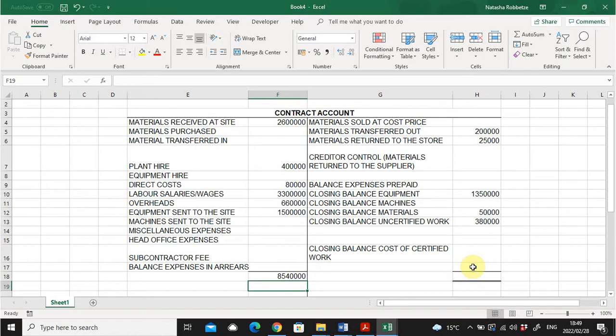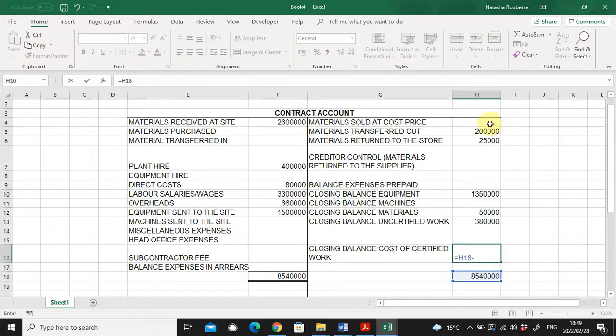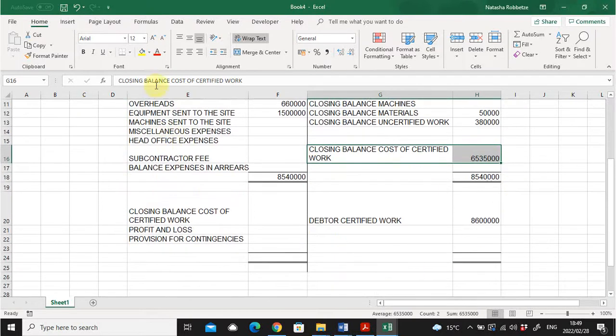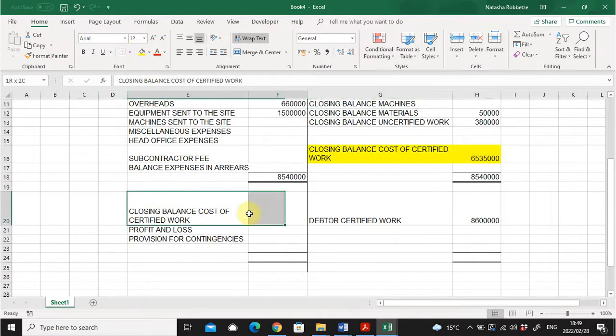The credit side is equal to the debit side, and we find the balancing figure by taking the total minus everything on the credit side. And I get an amount of 6,535,000 for the cost of work certified. Please remember the double entry, so the amount needs to go there.